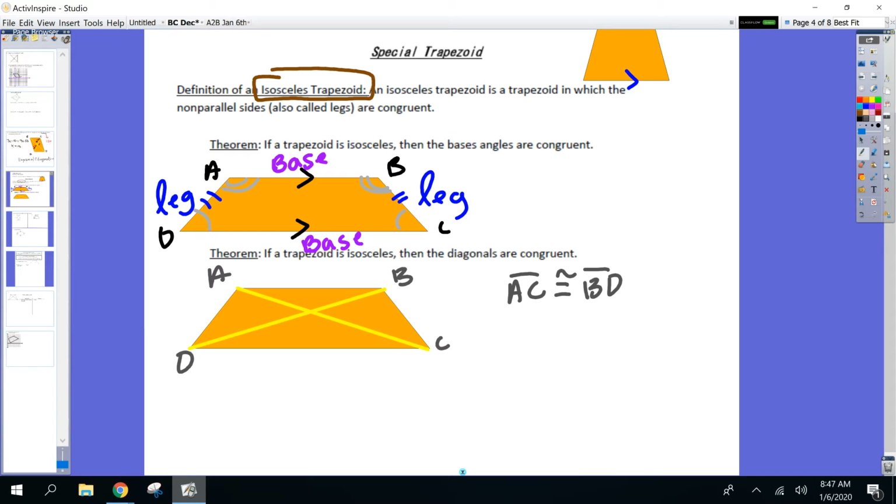Rectangle, rhombus, what's underneath them? Begins with an S, ends in square. Good, square. Rectangle and square. But what's the difference? Do these bisect each other in an isosceles trapezoid? No, it is not a parallelogram, so they do not bisect each other.